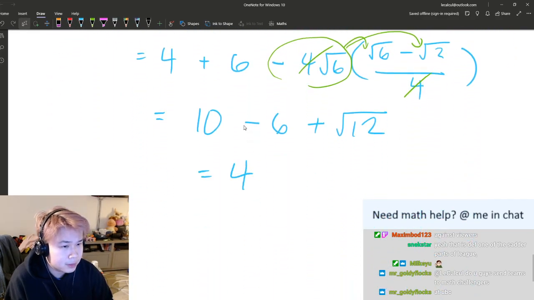So I have 4 plus root 12. And then this is AB squared.